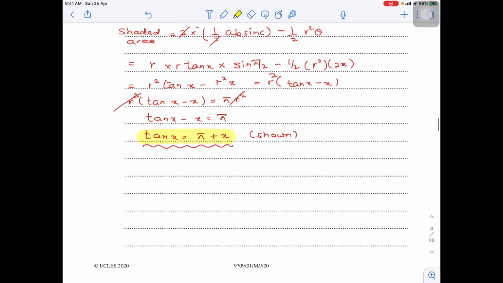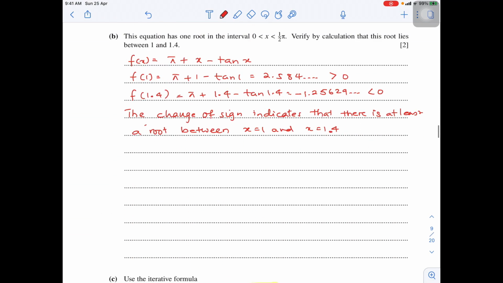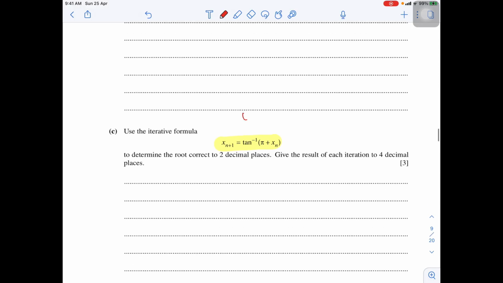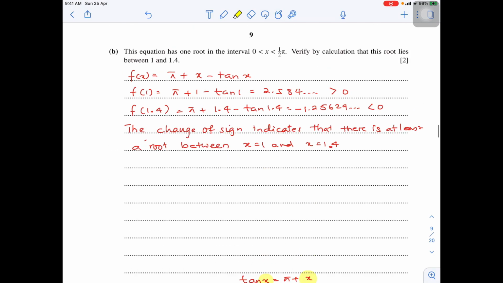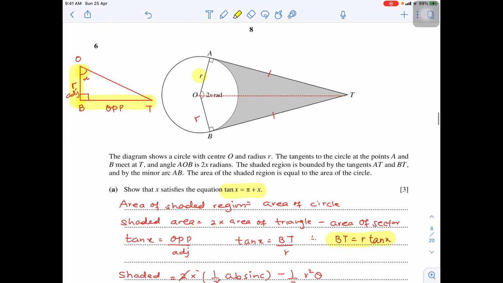Part C, use the iterative formula x(n+1) is tan inverse of pi plus x(n). Here the iterative formula is given to you. But if you are supposed to make the iterative formula yourself, you have to use that part. So that's tan x is pi plus x.